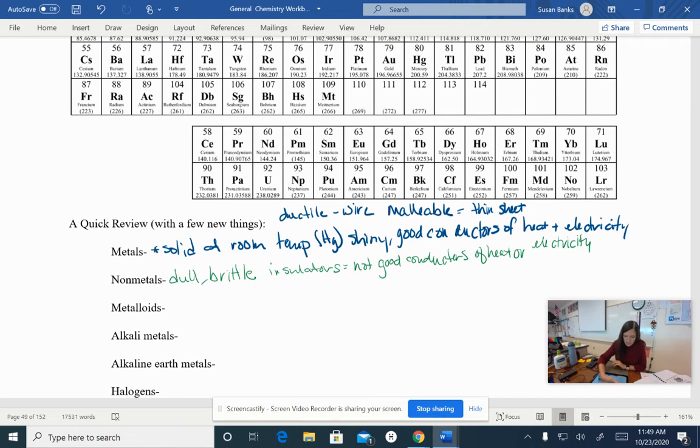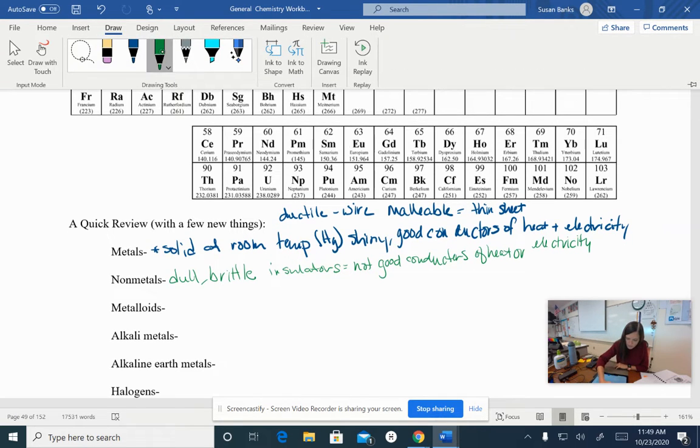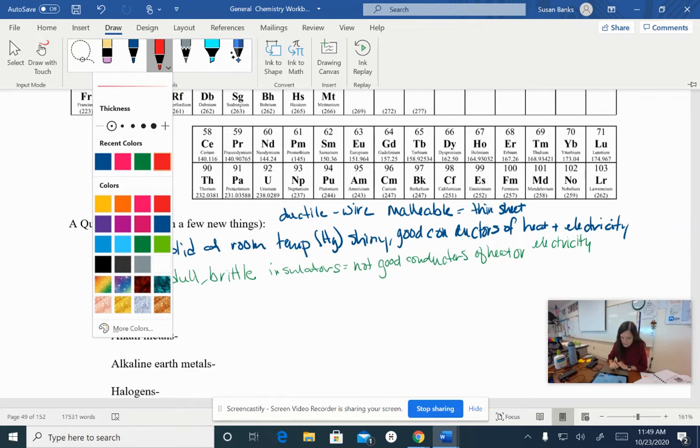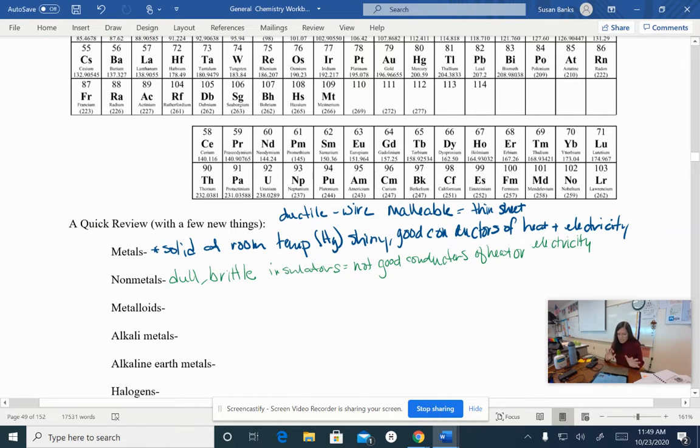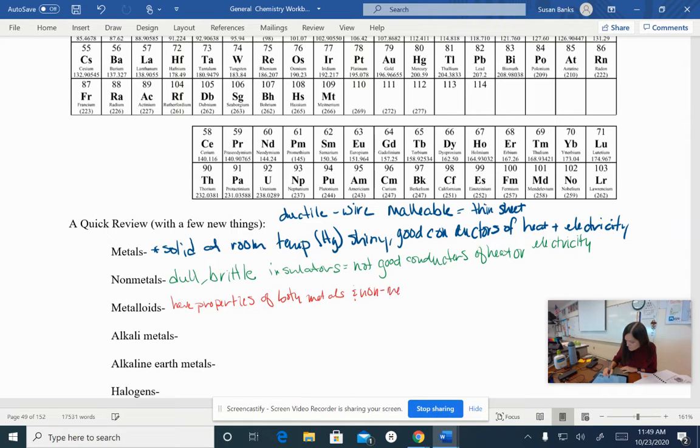Metalloids. Let's get another color here. Metalloids are actually a little bit in between metals and nonmetals. So they have properties of both metals and nonmetals. Okay, so they can conduct electricity, but not super well.